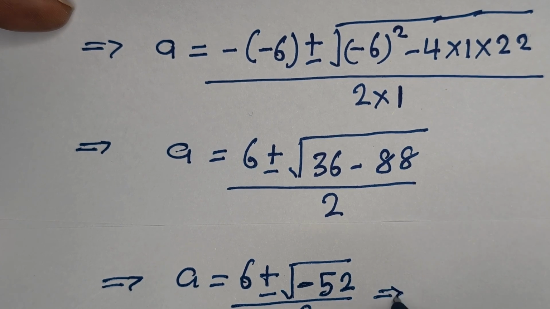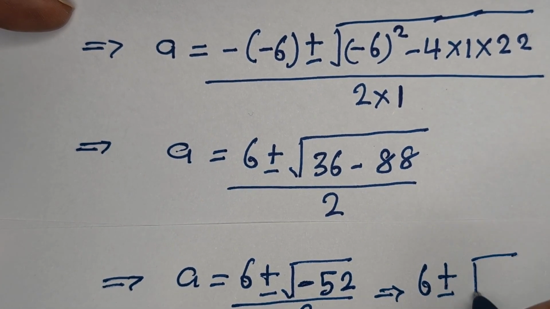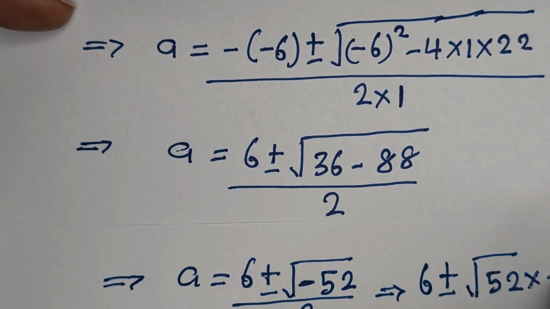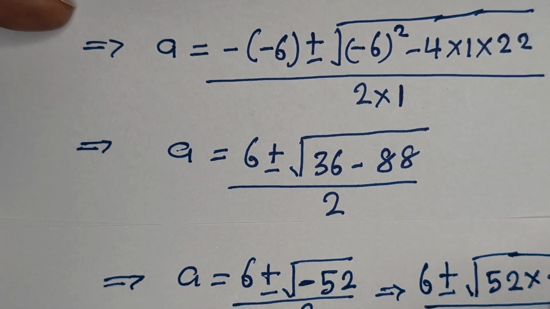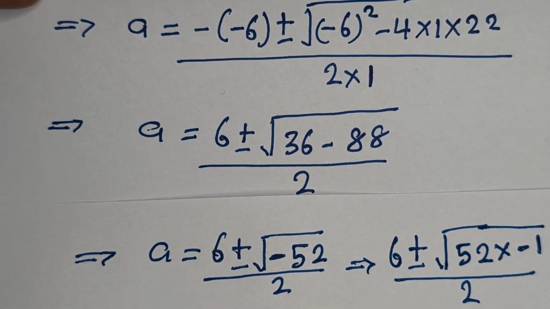This is the same thing as 6 plus or minus square root of 52 multiplied by negative 1, over 2.